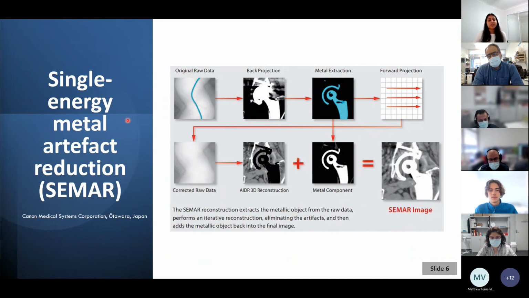And this algorithm uses iterative reconstruction technique where the metal is extracted from the original CT image to create a sinogram of the metal-only image as shown here. And the original sinogram is then subtracted from the metal-only sinogram, which then creates a metal-free sinogram using interpolation. And this creates a final image by blending the reconstructed image with the metal image.